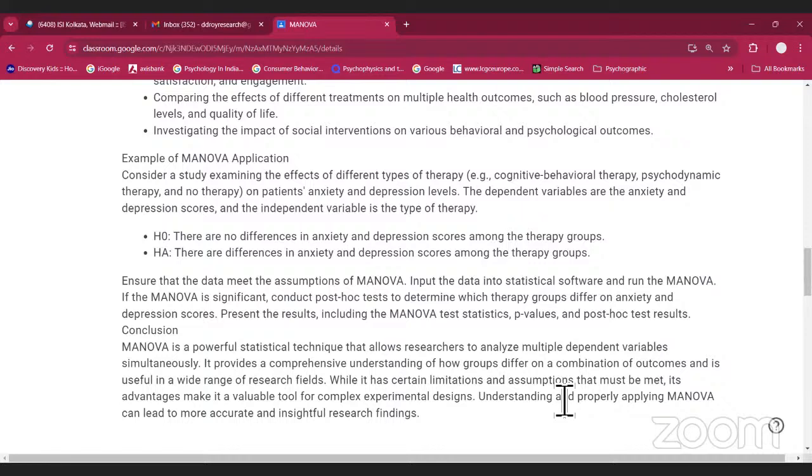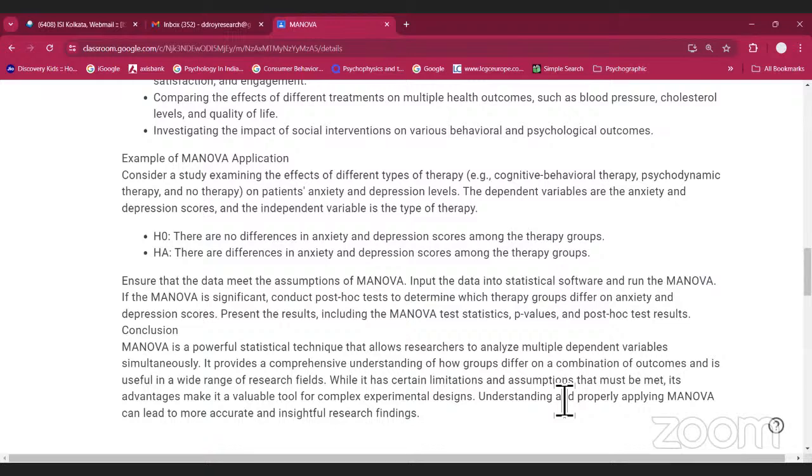Conclusion. MANOVA is a powerful statistical technique that allows researchers to analyze multiple dependent variables simultaneously. It provides a comprehensive understanding of how groups differ on a combination of outcomes, and is useful in a wide range of research fields.